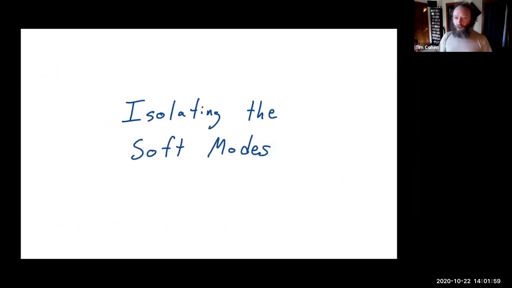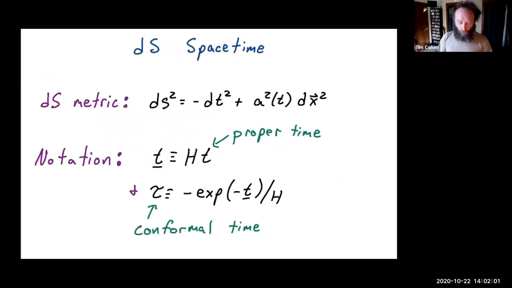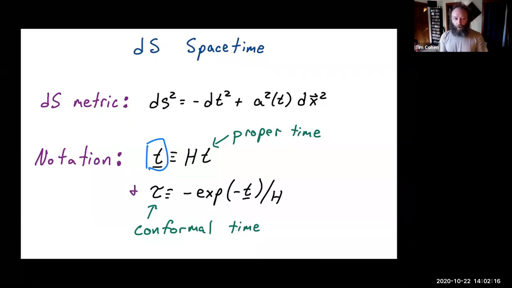So let's isolate the soft modes. Okay, we have the dS metric. I didn't mention it before, but I had snuck this notation in previously. We rescale time by a factor of Hubble, where t is the proper time. What that does is it brings out a factor of Hubble out front, and it's a change, if you like, kind of like natural units, a change of the dimensions.